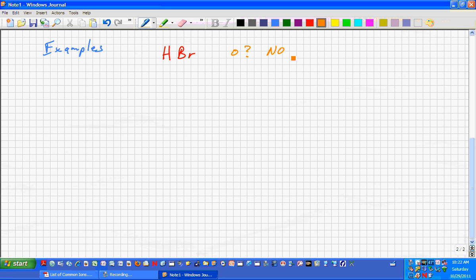The answer is no. So the name becomes hydro blankic, well, that root goes in here. This is the bromide ion. So what we do is we remove the IDE. So it becomes hydrobromic acid.